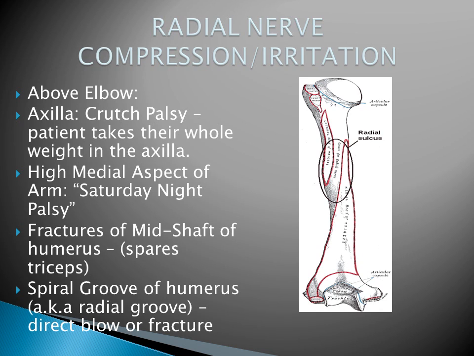In the axilla, the radial nerve can become compressed through improper use of crutches, wherein the patient takes the whole weight of their body on the axilla. Now, up in the axilla, the radial nerve has now just come off of the posterior cord of the brachial plexus, and it's a large branch that has yet to give off any sensory or motor branches.